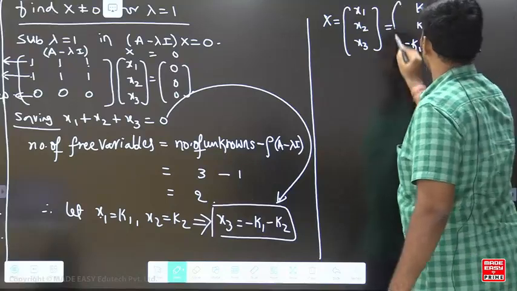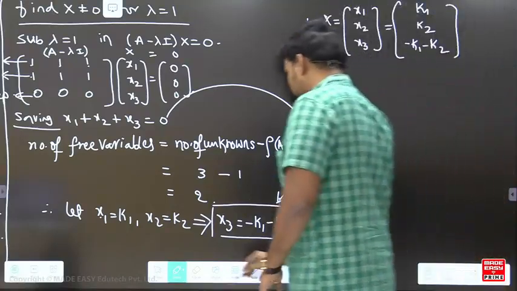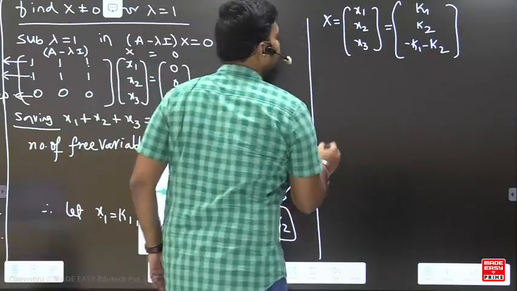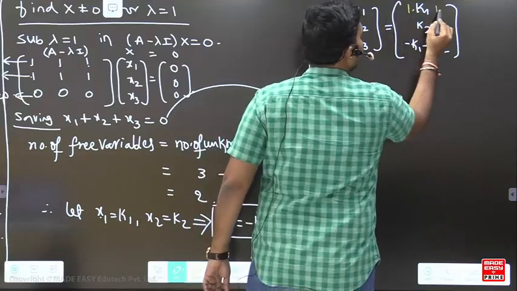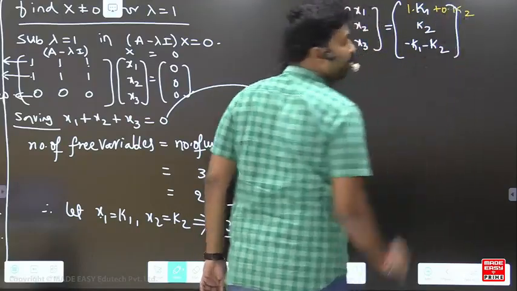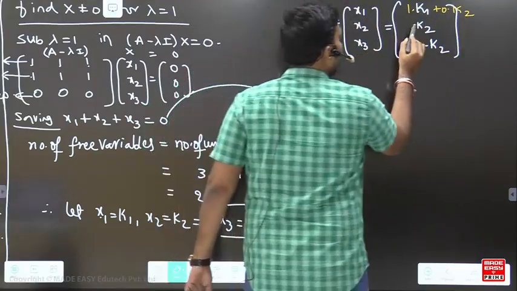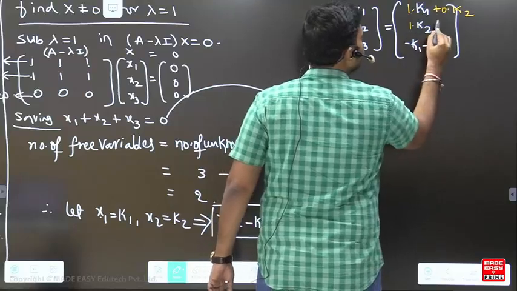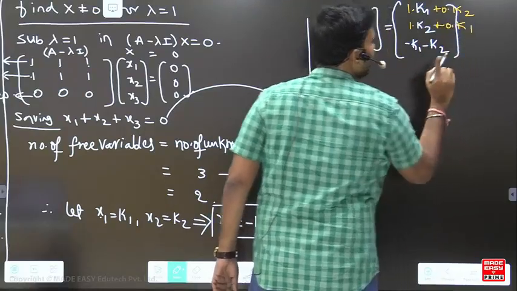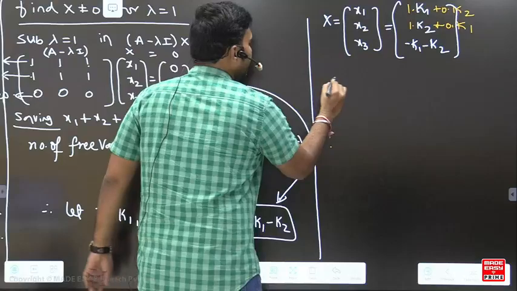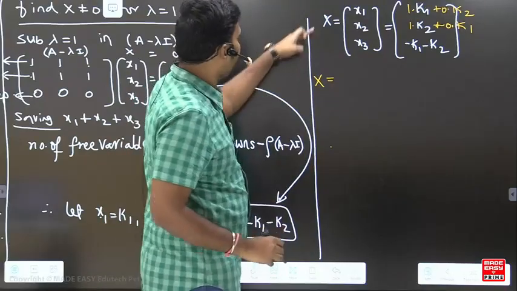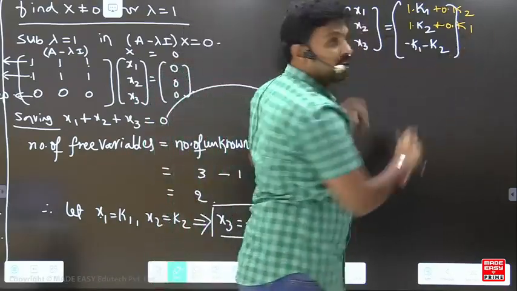Now this can be written as k1 times (1, 0, minus 1) plus k2 times (0, 1, minus 1).